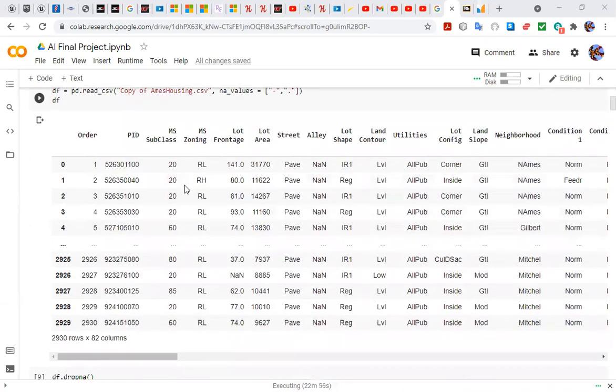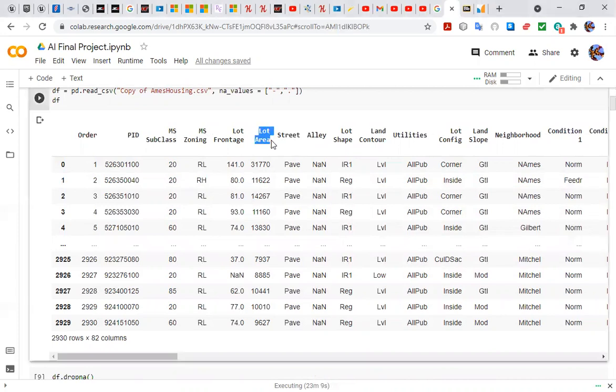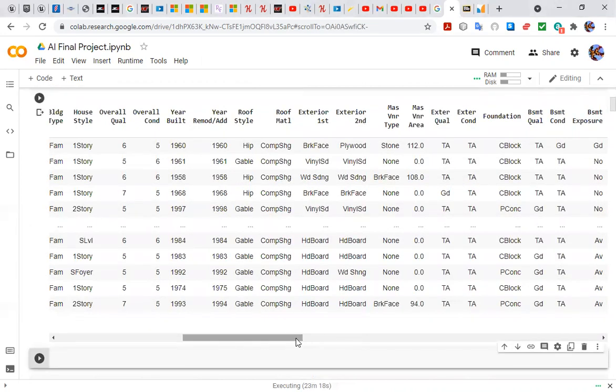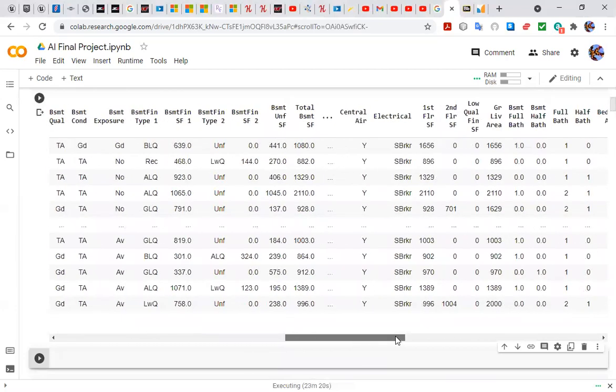And here, lower down below, we have the housing data, which has the order number, the process ID, and different data based on the zoning. But what we're going to be analyzing is the lot area and the sale price.